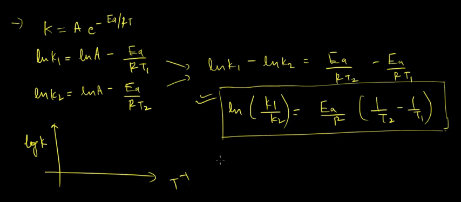Then we can write that the slope would be equal to minus Ea upon 2.303 R, because we have converted ln into log, and similarly you can find the intercept value.